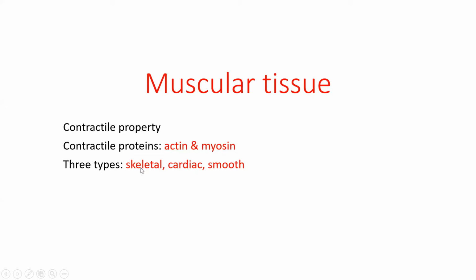Skeletal muscle is attached to the bony skeleton. It shows cross striation and is under voluntary control. Cardiac muscle is present in the heart. It also shows cross striations but is involuntary and has an inherent rhythmic contraction. Smooth muscle is present in the wall of hollow viscera and is non-striated.